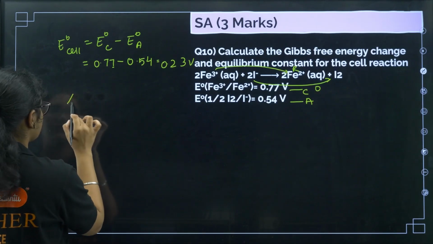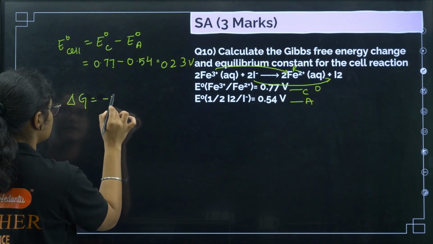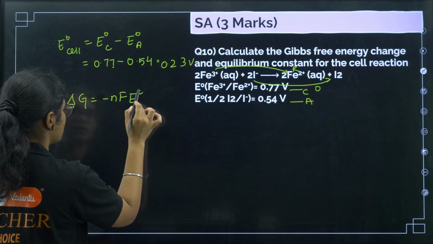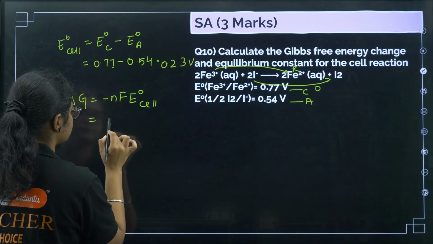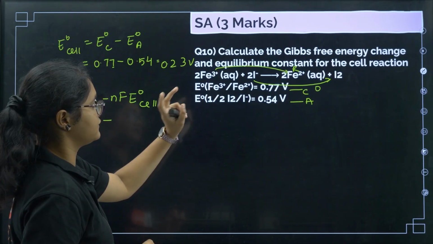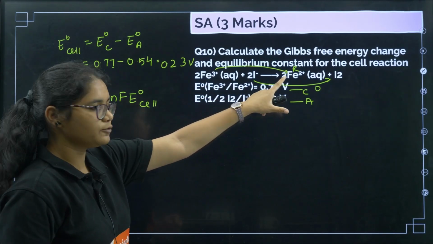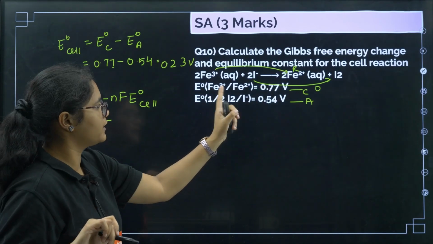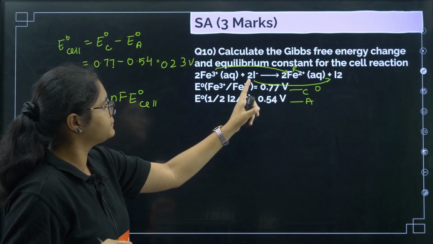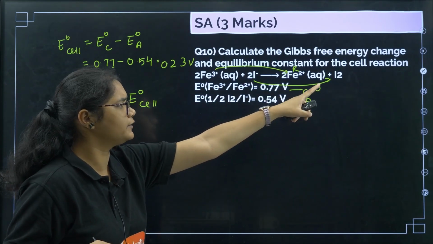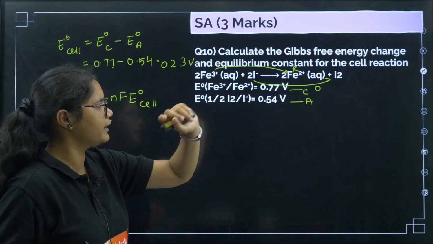Okay, so delta G value will be minus nFE naught of the cell. Here, the n value is very important: Fe3+ to Fe2+ requires 1 electron, and 2I- to I2 requires 2 electrons.